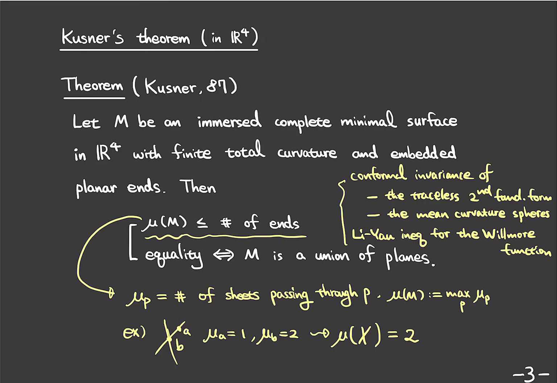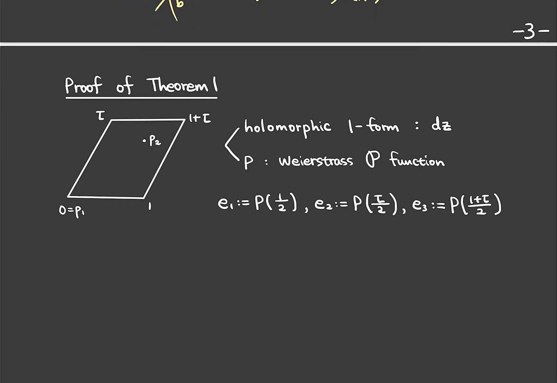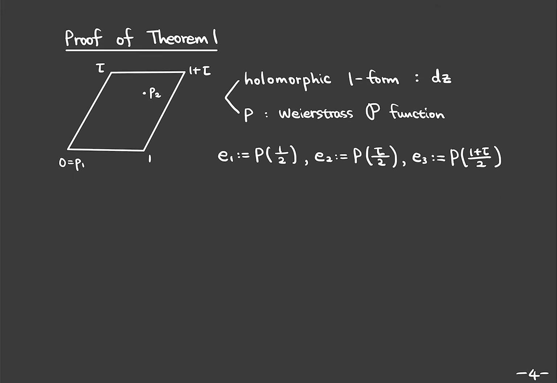Now we prove Theorem 1. Consider a fundamental domain, and without loss of generality, we may assume that P1 is the origin. The holomorphic one-form here can be chosen to be dz and let P be the corresponding Weierstrass P function.